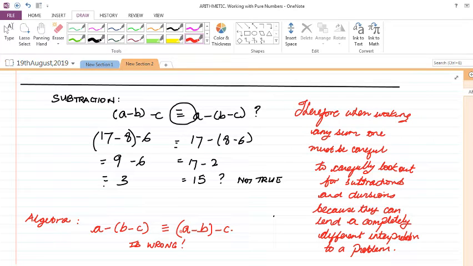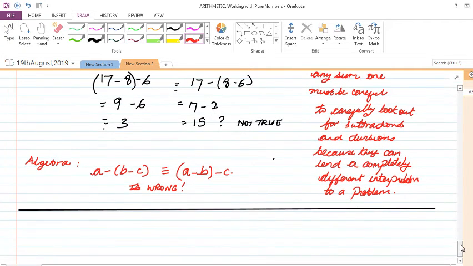Distributivity. And I'll just tell you what the law for distributivity is. Multiplication is distributive over addition and subtraction. So let's talk about distributivity now.